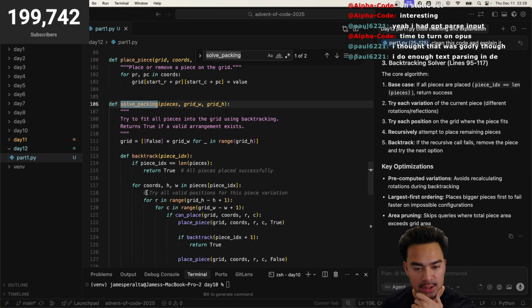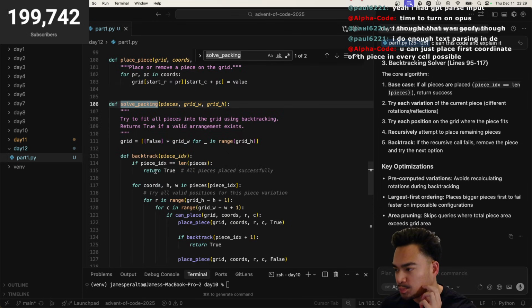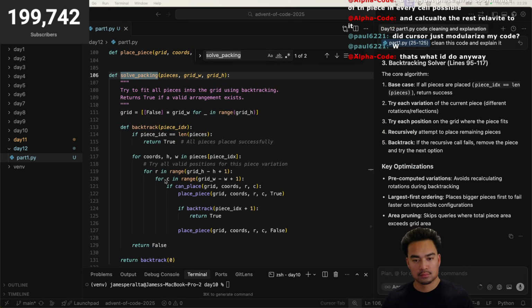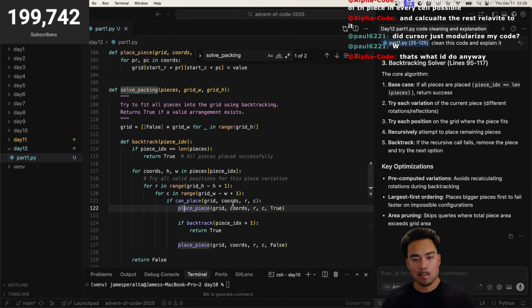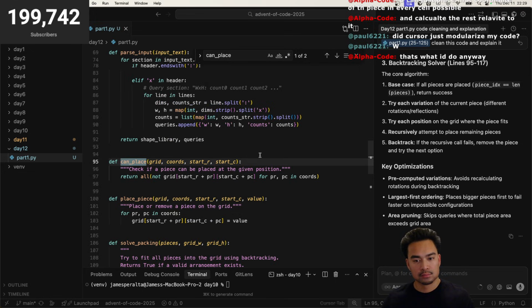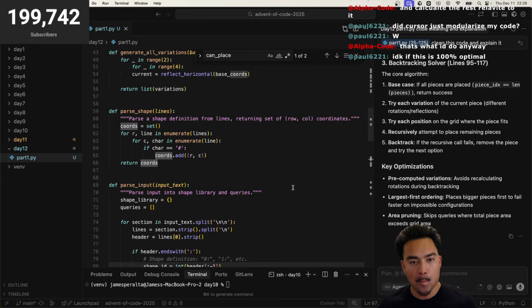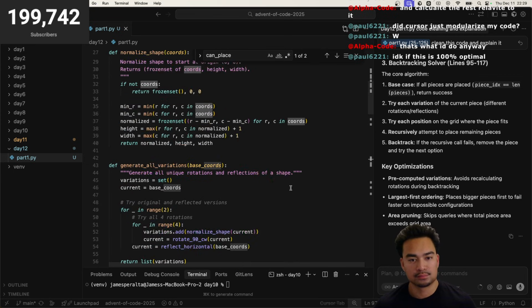Try to fit it in the grid using backtracking. What the hell?